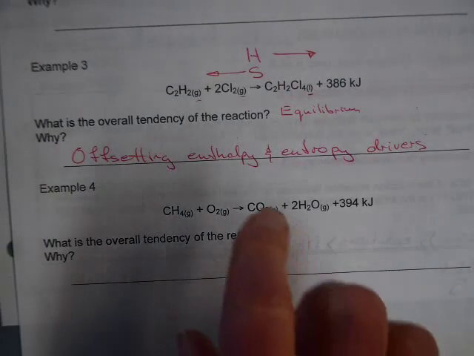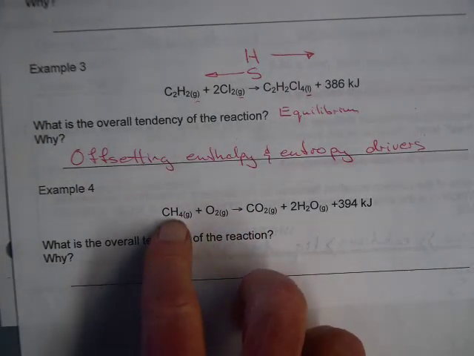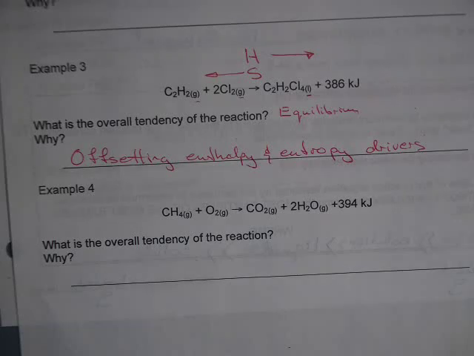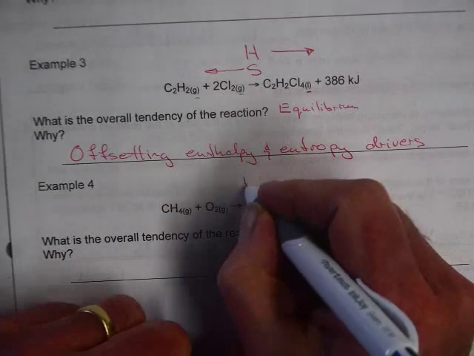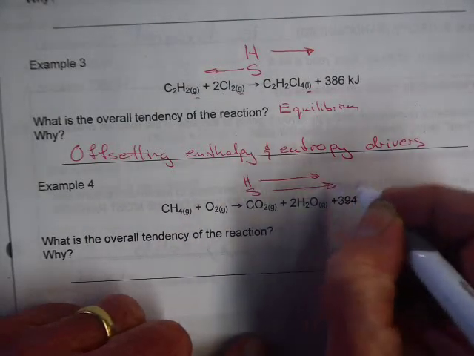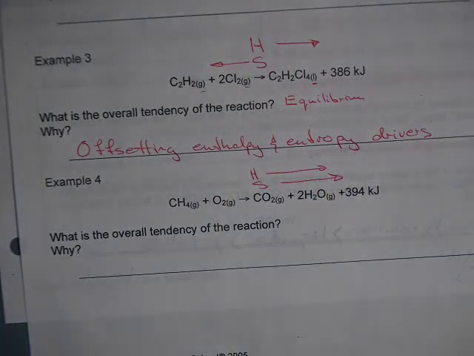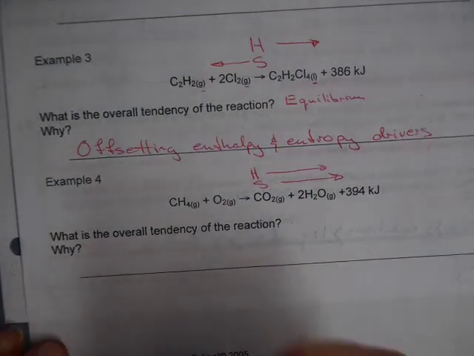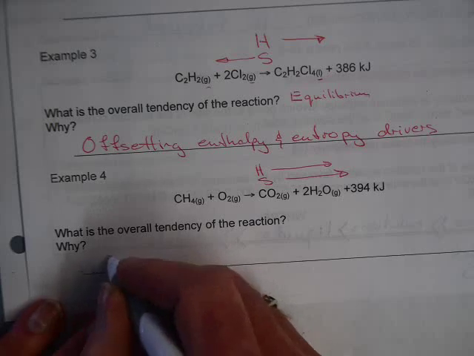You guys should recognize this now. This is the combustion of methane. So you add a spark and you got a burn going now. Okay? So in this case, both are pushing that way. So overall tendency toward products and completion.